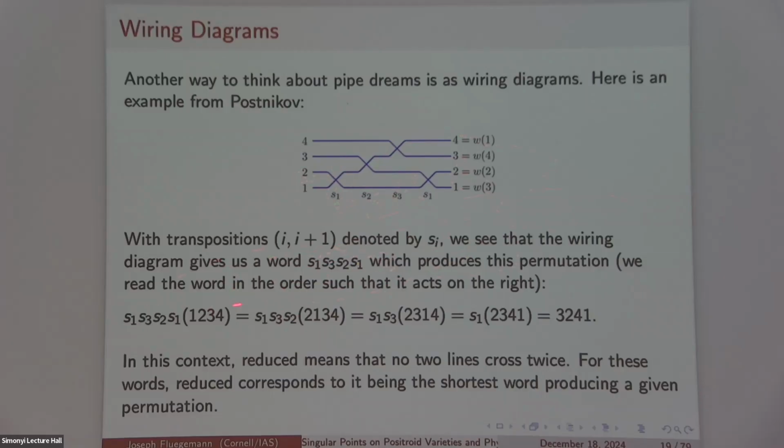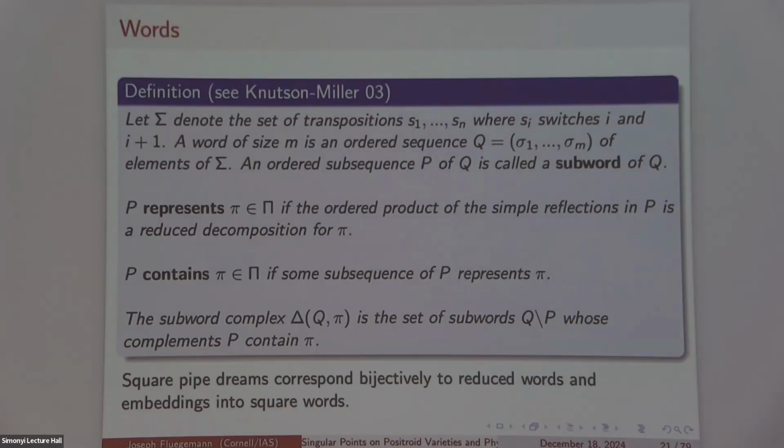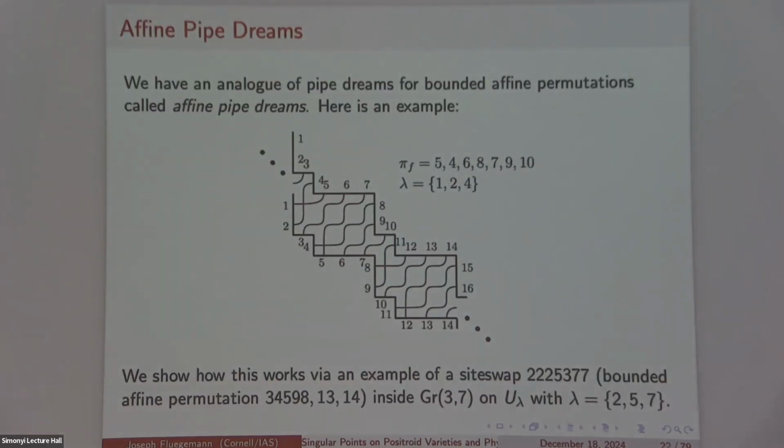You have some Coxeter group, and you have some letters that make up some word, and some choice of word gives you a permutation. That's formalized in this paper by Knudsen and Miller. It's not important for what I'm doing.